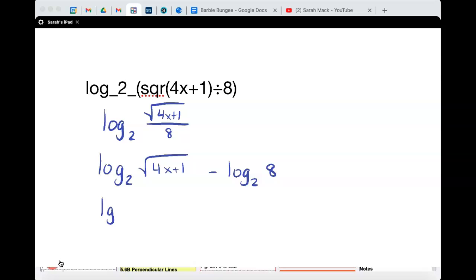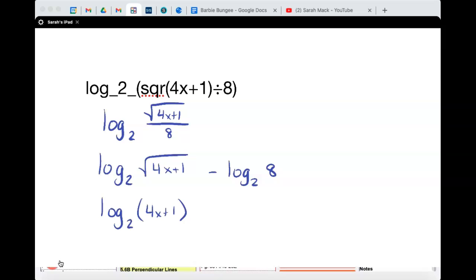I'm going to have 4x plus 1 without a square root symbol. I'm going to put an exponent with it, but I need to figure out what the exponent is for my square root symbol.